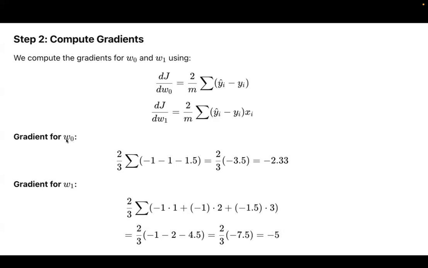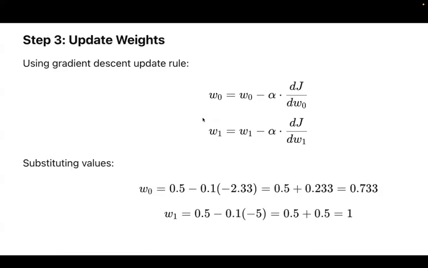So now we have new values for the bias and the weight, W0 and W1. Now we will use these values in the formula again. We have to apply the learning rate too. The learning rate that we assumed was 0.1.